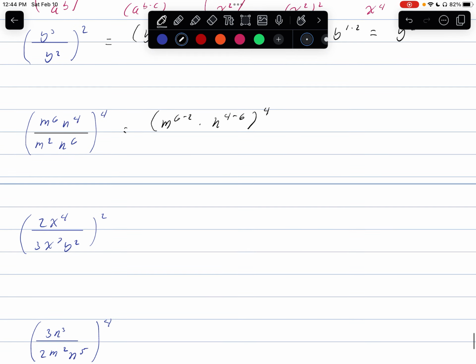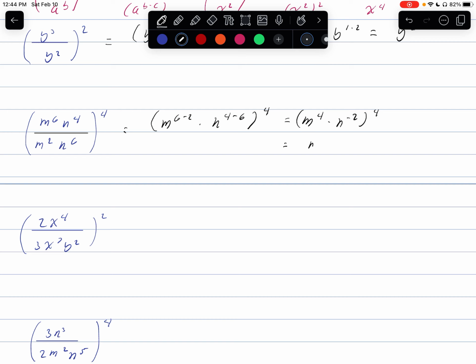Okay? So m to the 6 minus 2, that's the same thing as m to the fourth, and n to the 4 minus 6 is n to the negative 2, right? All raised to the fourth. Okay? But remember, if we have anything to the negative power, that's the same thing as 1 over that same power, but positive.